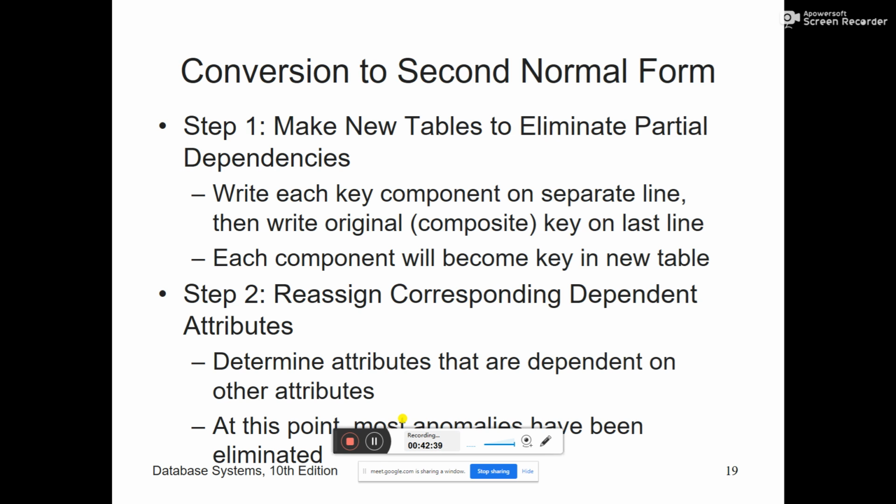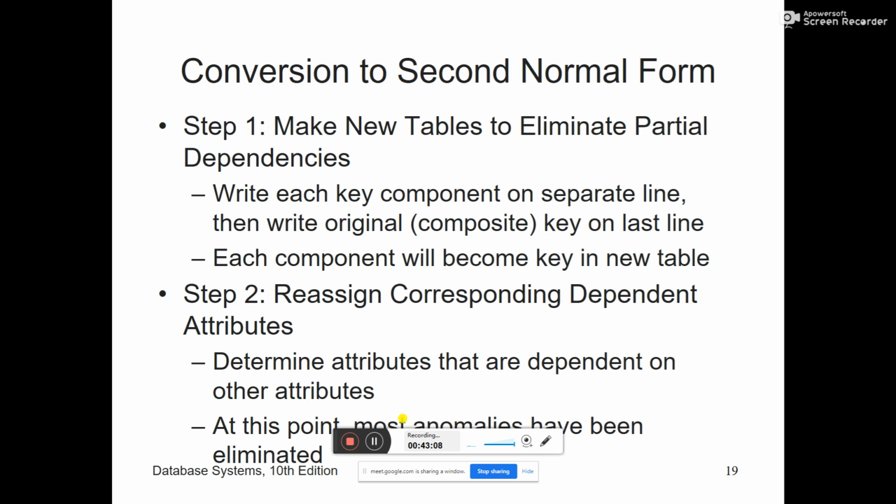So the first thing to convert to second normal form is that your table should already be in first normal form. If your primary key consists of a single attribute, you don't have partial dependencies, so your table is already in second normal form and you don't have to convert it. But if you have a composite key and you have partial dependencies, then you have to change it to second normal form.